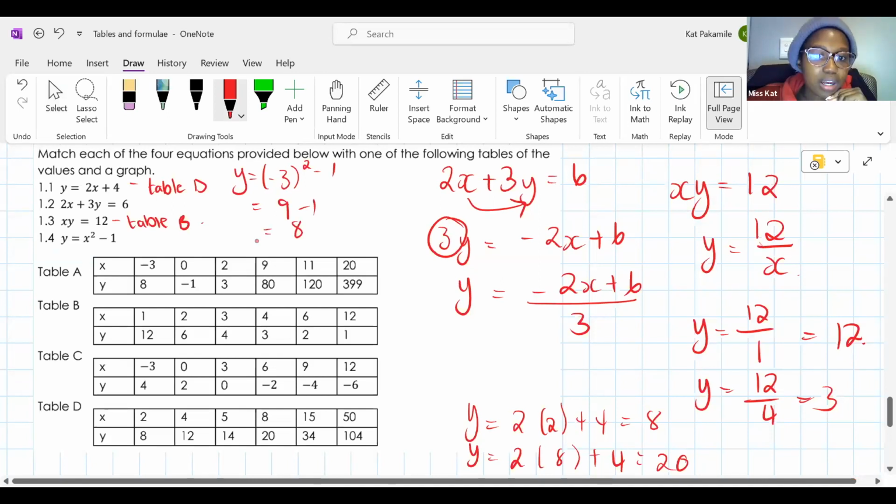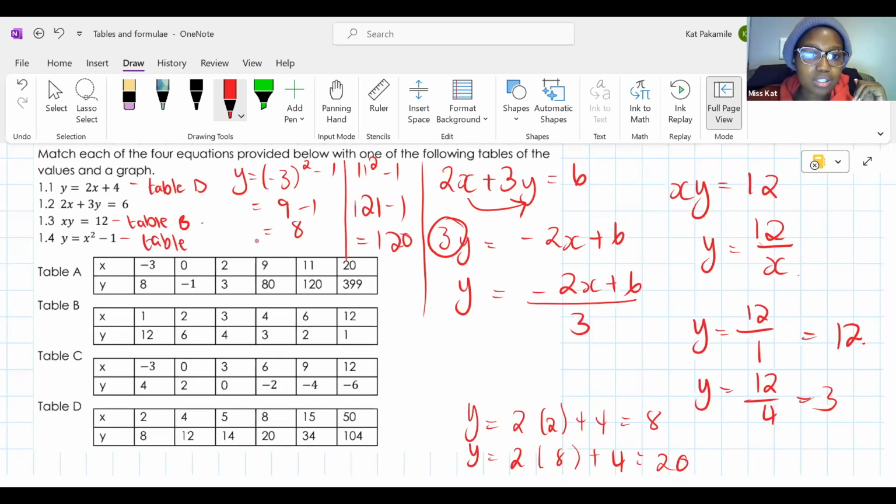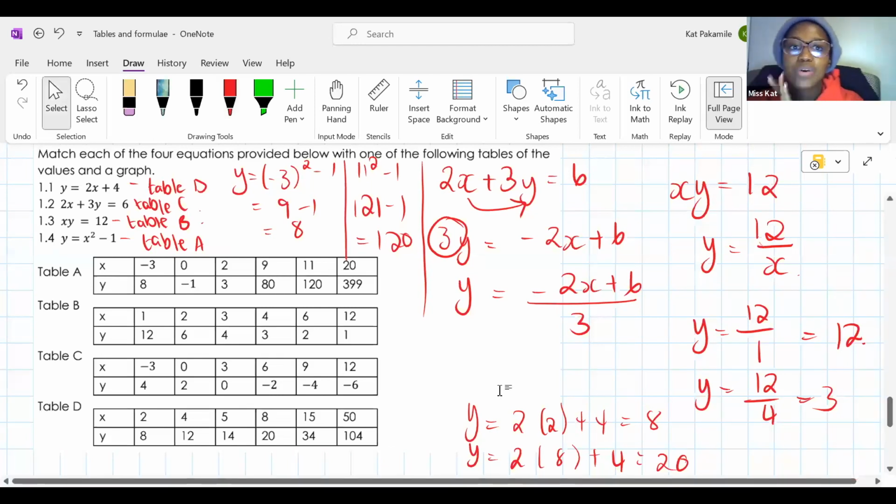And if we do it with 11, it will be 11 squared minus 1, which is 121 minus 1, which is 120. That is correct. So 1.4 is table A, which means the last one has to be table C.